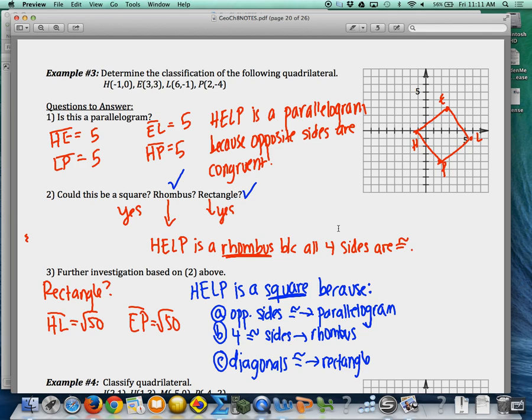We have to prove that it's a parallelogram first of all. So I think we should find this.